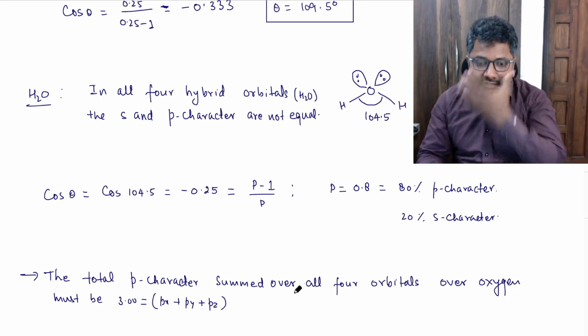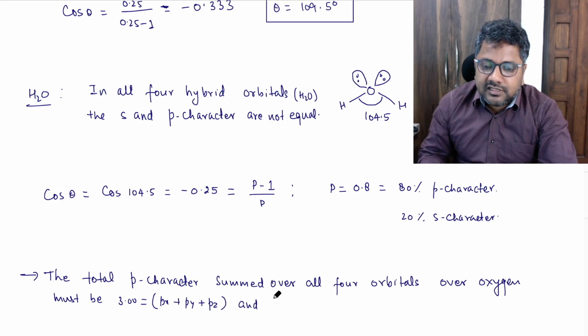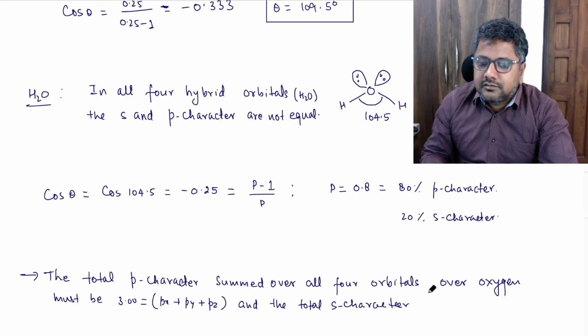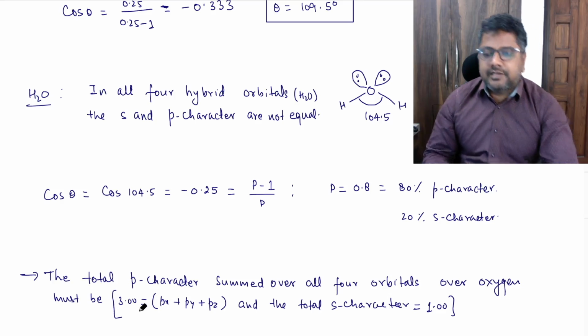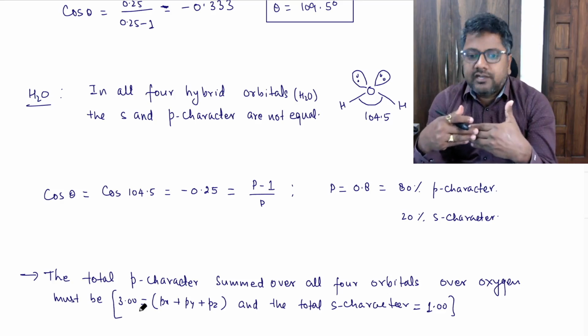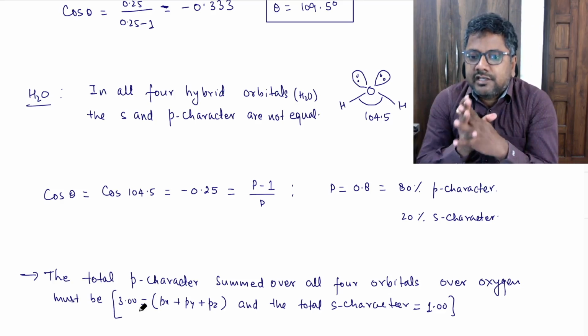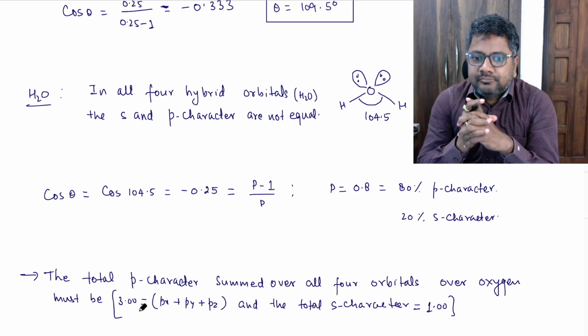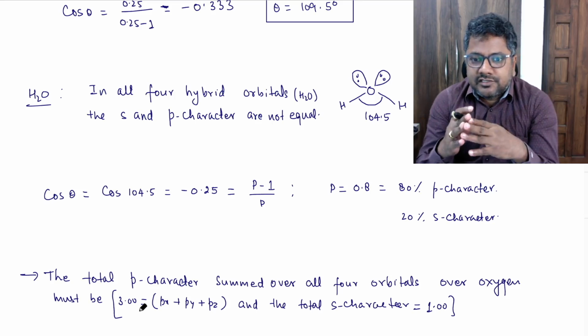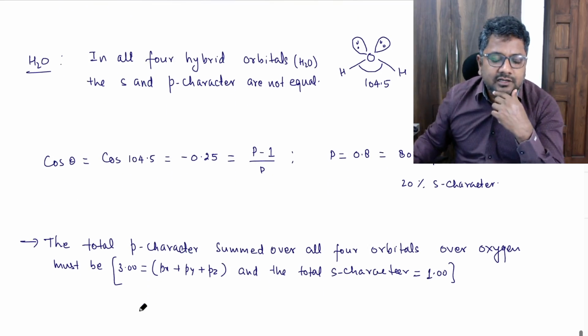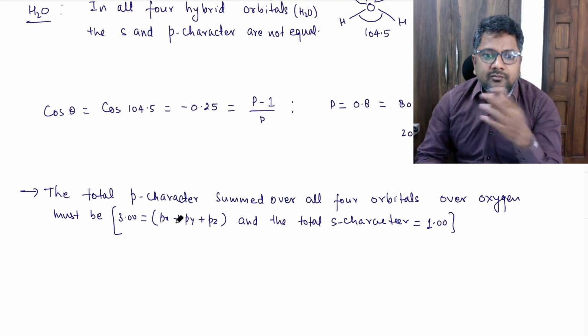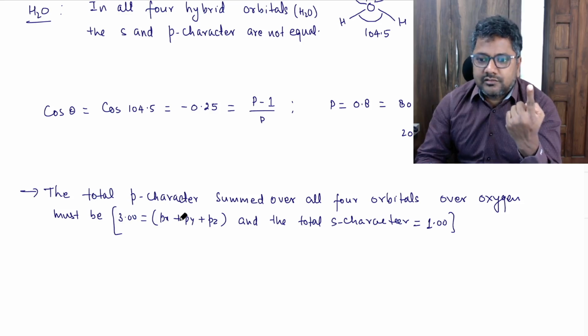And the total S character is equal to 1. It is okay, because Px, Py and Pz are involved, and S is involved here, right? So total S character is 1, and total P character is 3, right? I'm considering 1 orbital, 1 unit contribution, right?